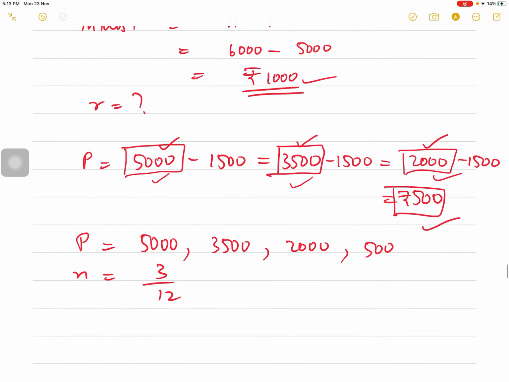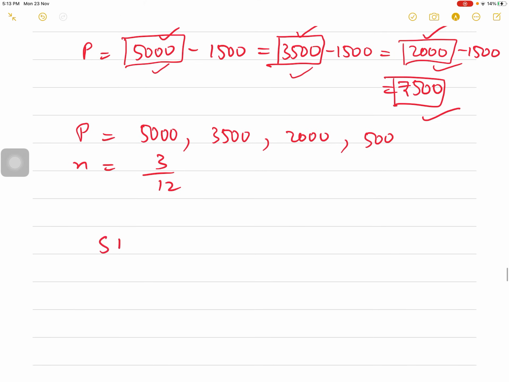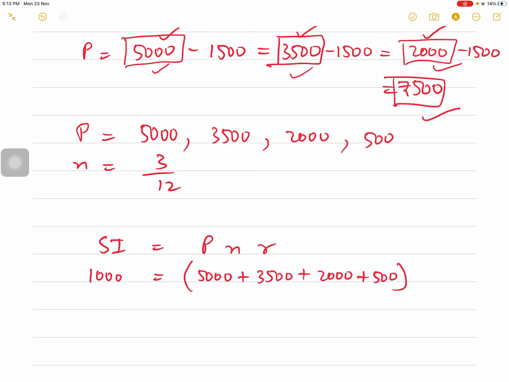And interest is 1000. So simple interest is equal to P into N into R. Interest is 1000. Principal, you add all the principals: 5000 plus 3500 plus 2000 plus 500. N is 3 by 12. And R, you have to calculate.